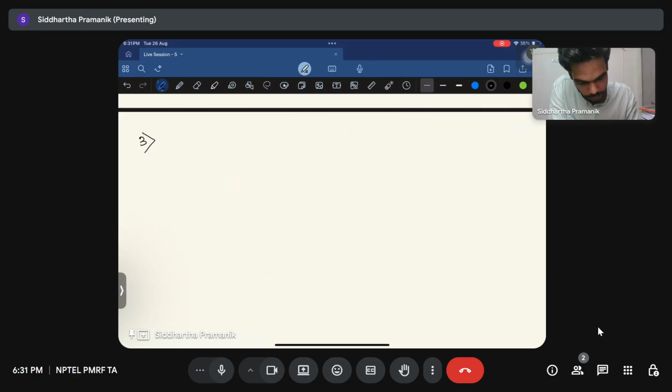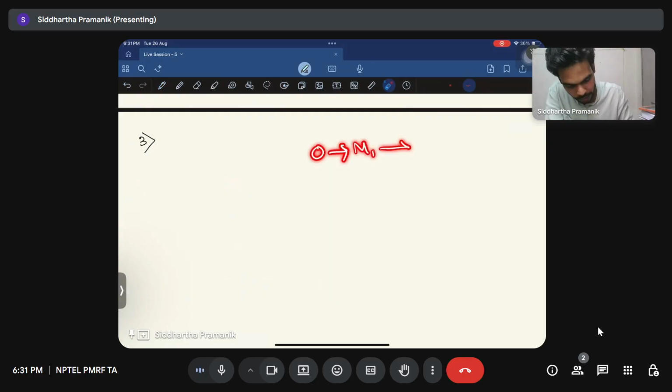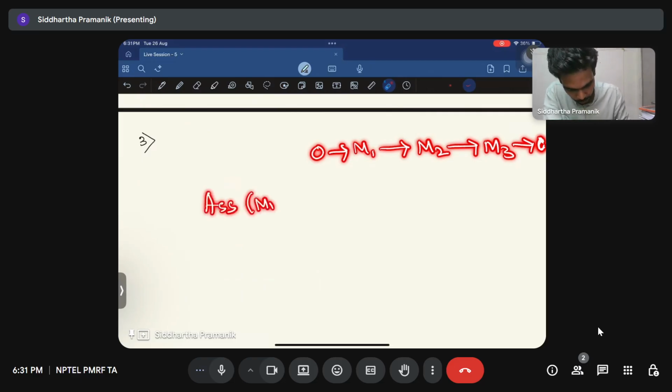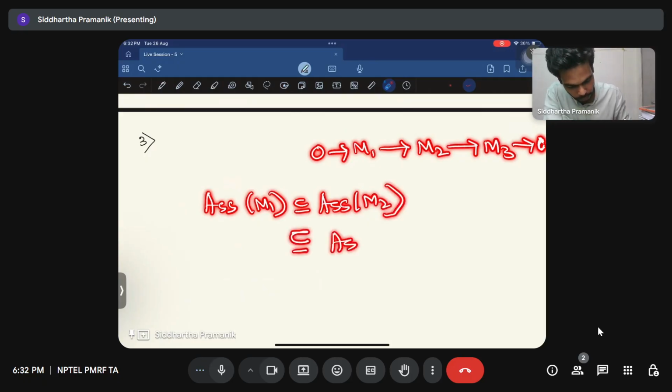Recall that if we have a short exact sequence 0 to M1 to M2 to M3 to 0, then we have a relation between the associated primes of these modules. What is that relation? The associated primes of the left one are a subset of the associated primes of the middle one, and the middle one is a subset of the union of the associated primes of the extreme modules.